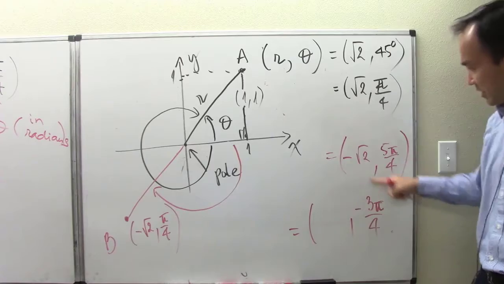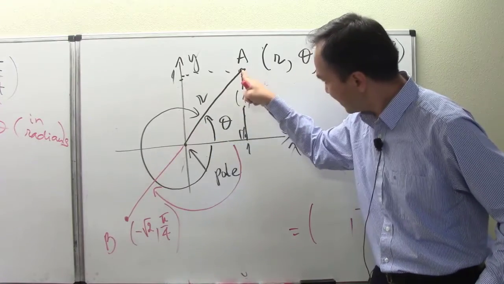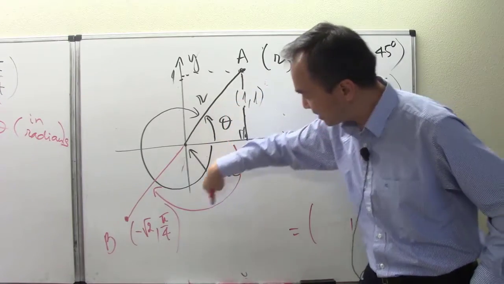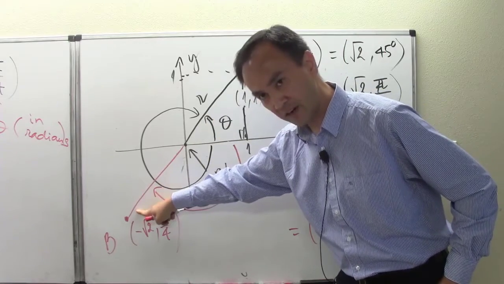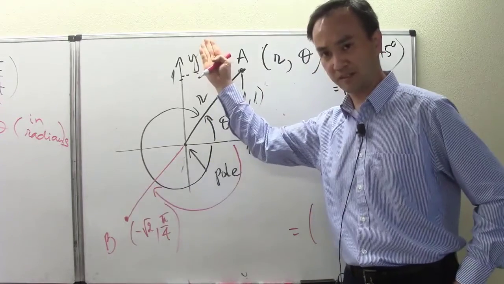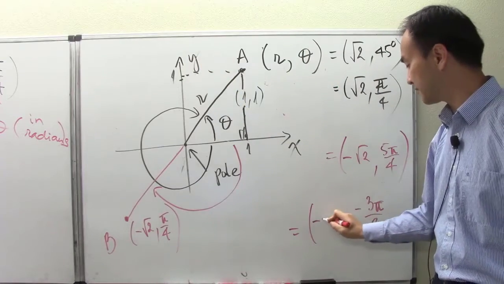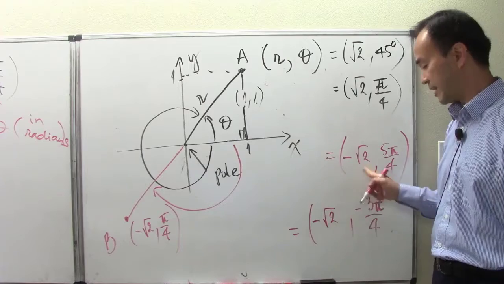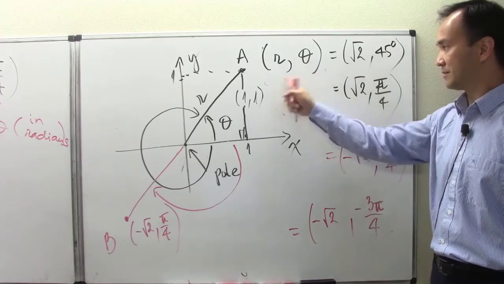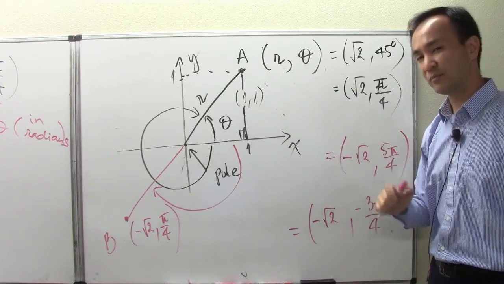The way I see it, we open up a negative 3 pi over 4 angle, and then on that terminal side we flip, so with a negative radius, negative square root 2. That is the same point A at 1 comma 1.